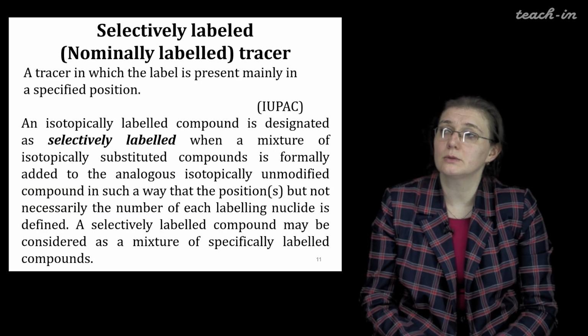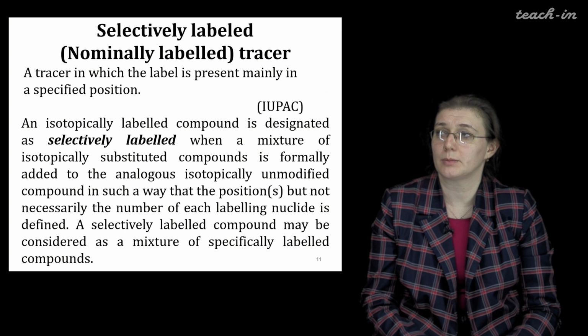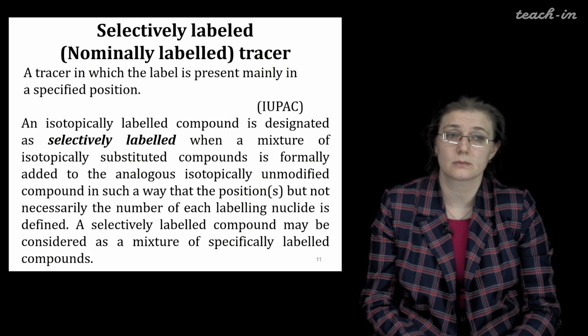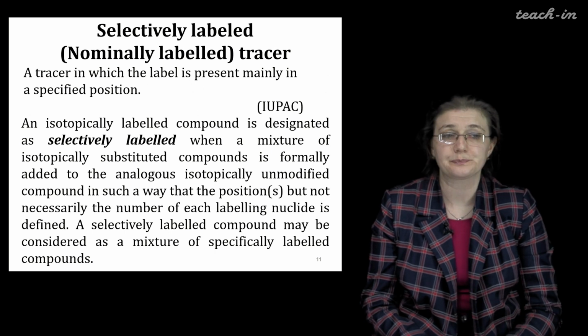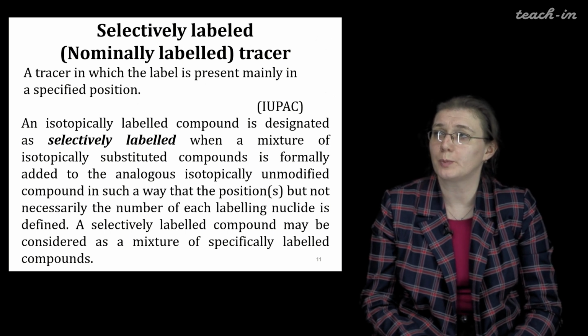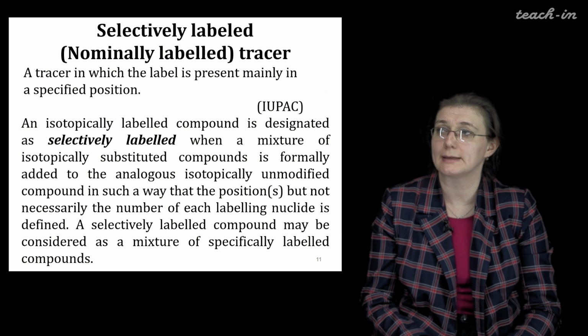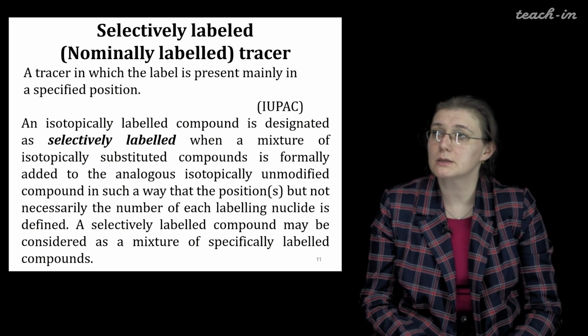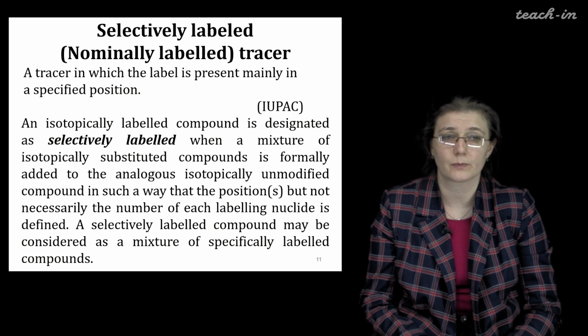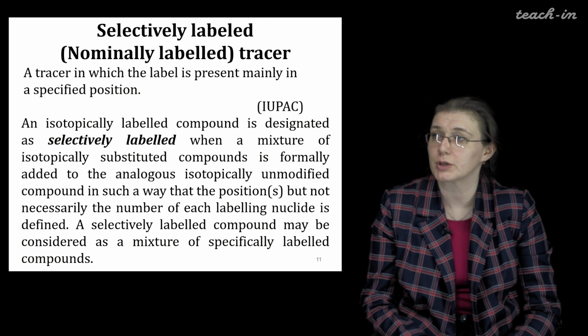The next group is selectively labeled compound, or in modern IUPAC rules, this compound is called nominally labeled. It's a tracer in which the label is present mainly in a specified position, according to the IUPAC definition.